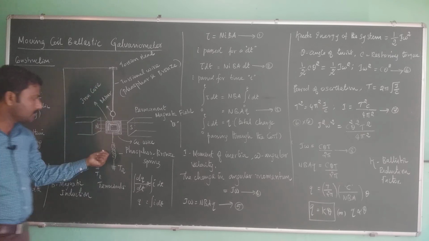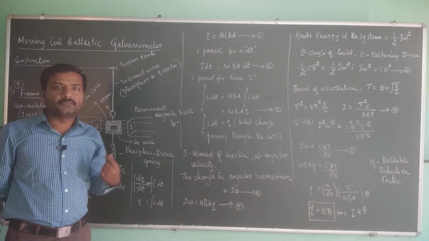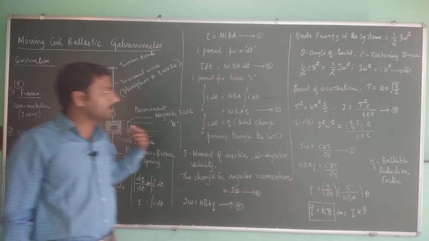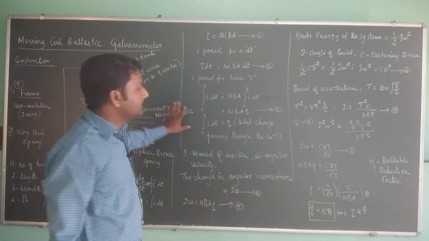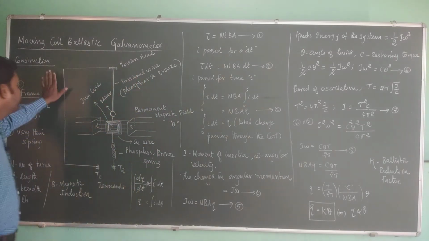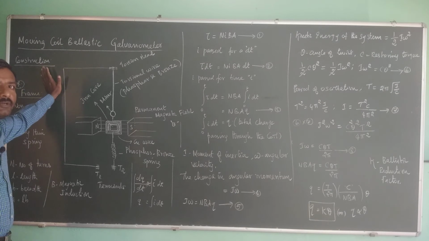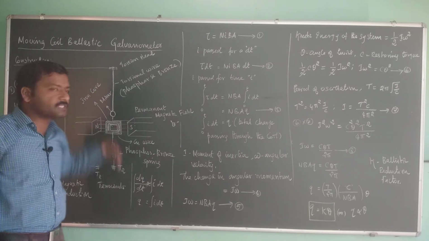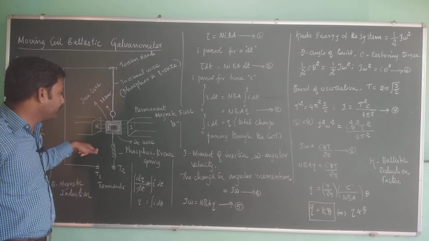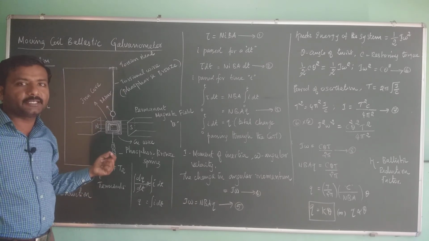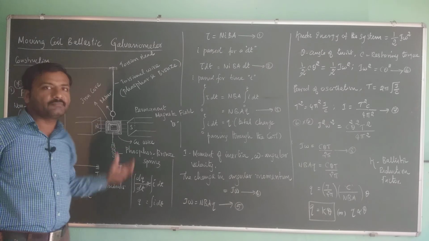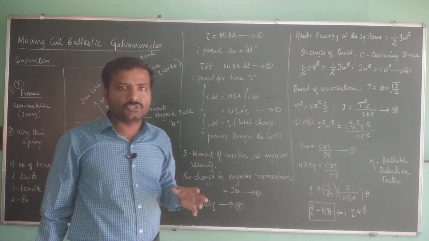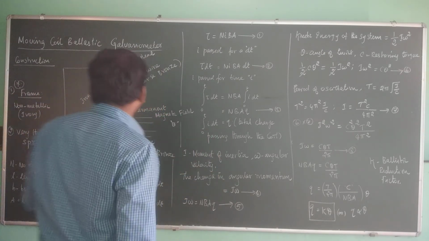Another is that the spring is hair thin, very small, whereas that spring is a little harder. In the moving coil galvanometer, we measured the current passing through it using a steady state current, while here the current is passed for a momentary time, and what we measure is the total charge.